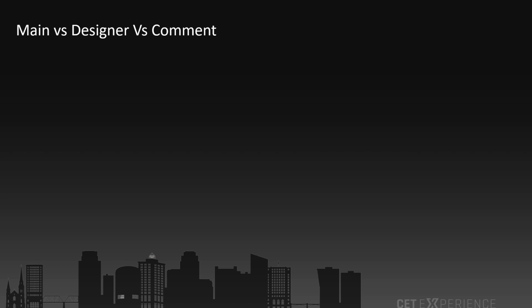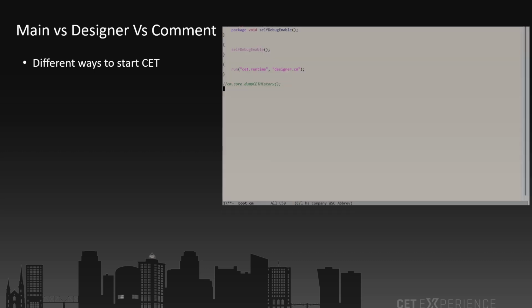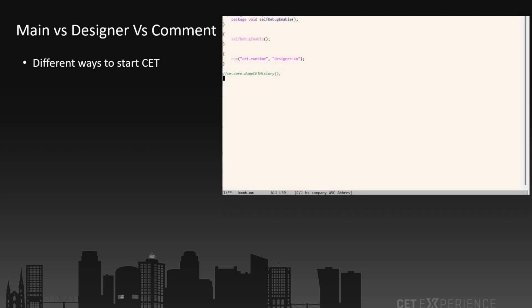So a little oopsie here. I've apparently somehow shifted over to my next slide, which is the 3 different ways to open up CET. The first way, of course, is the main way, the way that most files come in, the way users see CET, and lots of devs do it this way, is in our boot file.